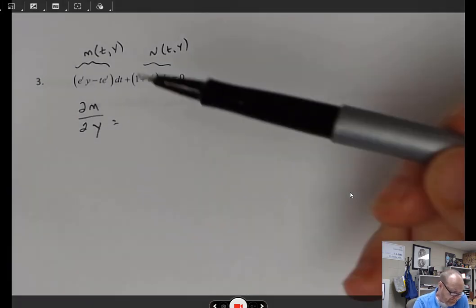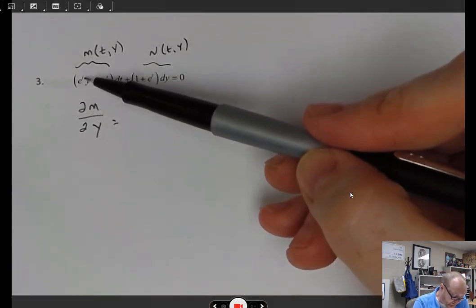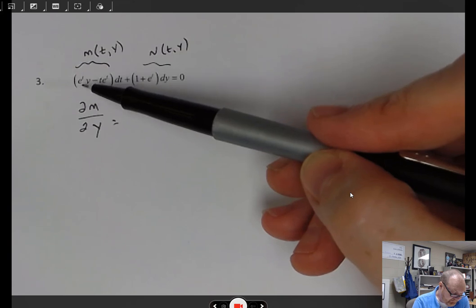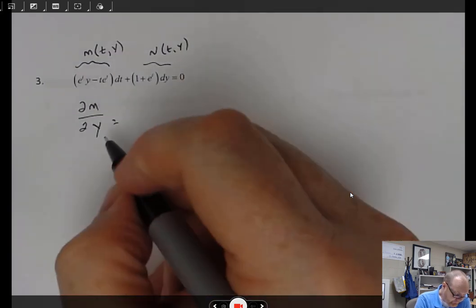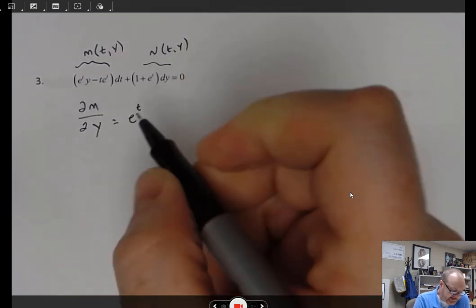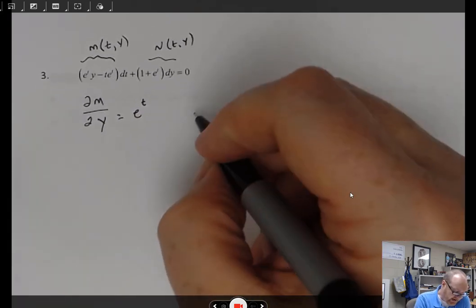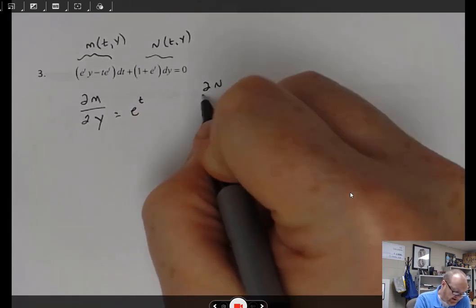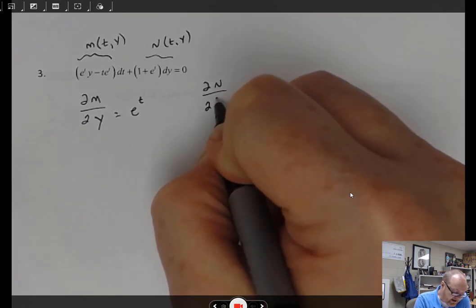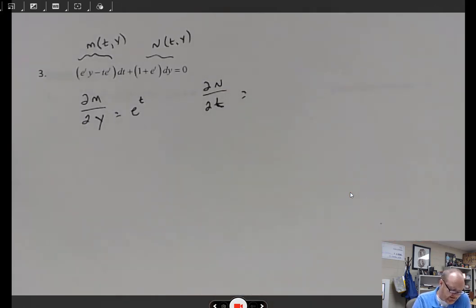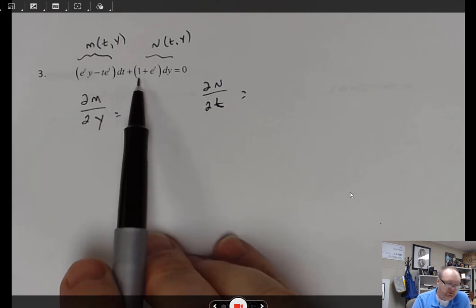So the only piece that I've got to differentiate is that little piece right there. The derivative of that is 1 times e to the t, and t e to the t goes to 0. And if I differentiate n with respect to t, the derivative of 1 is 0.